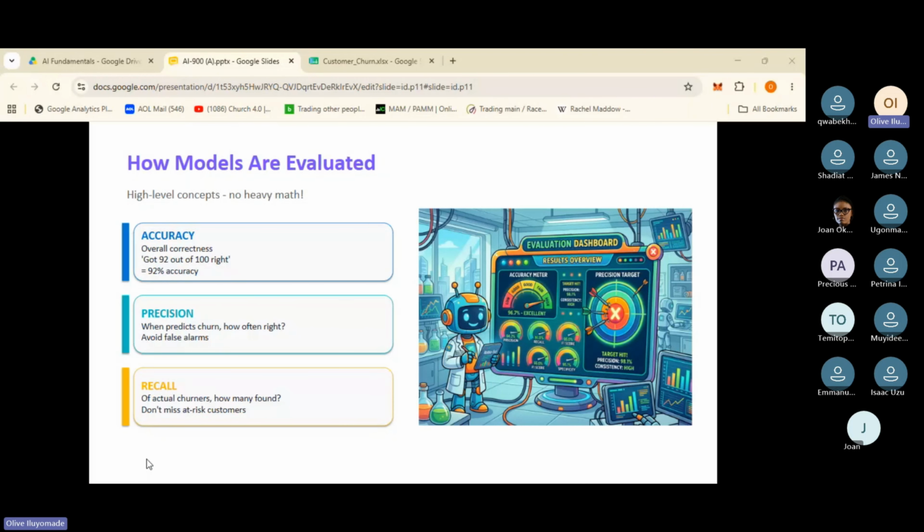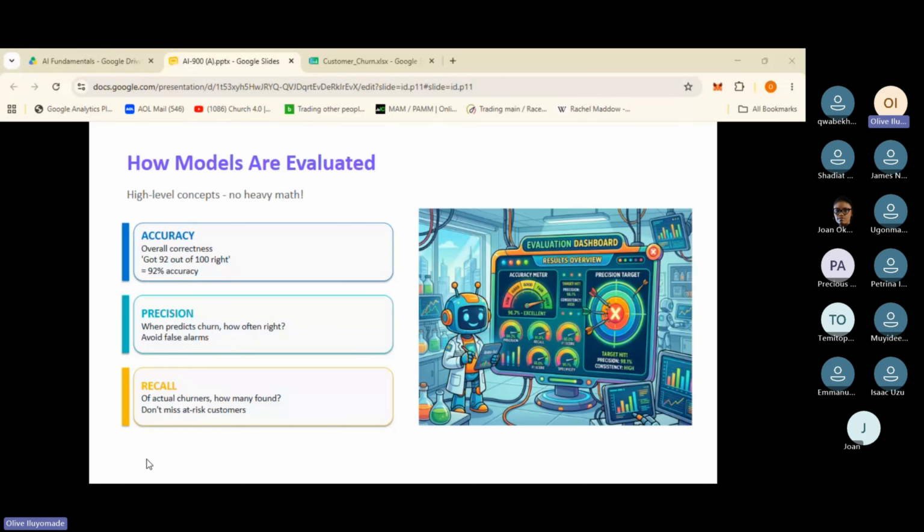Then we have recall. Of the actual people that have churned, how many do we find? Because with that information, we don't want to miss out the customers that are actually going to churn.